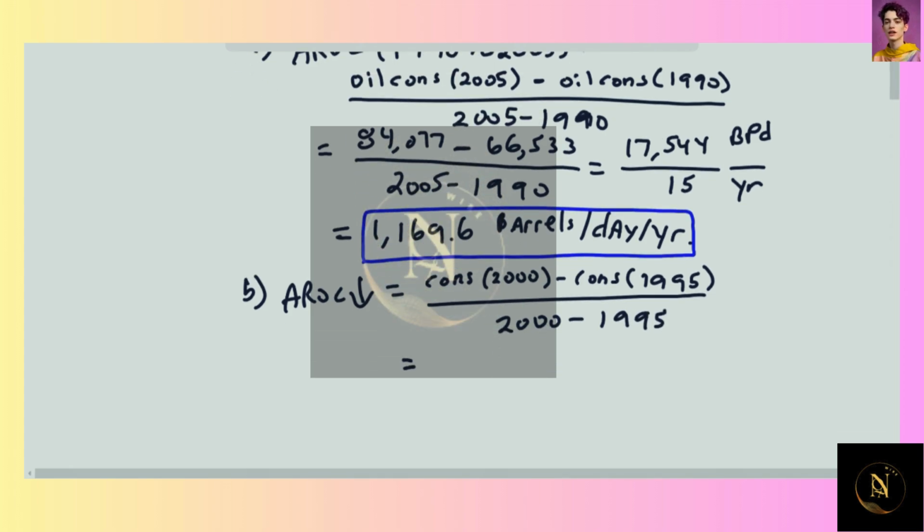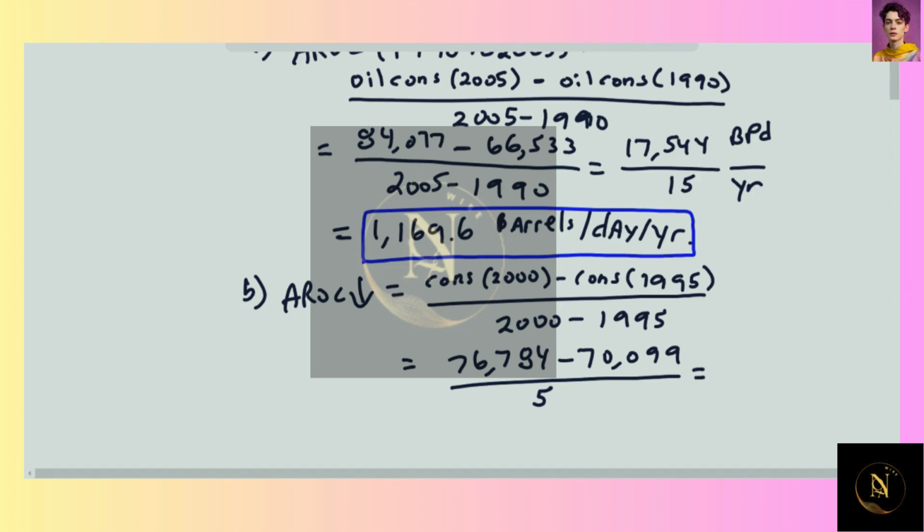Okay, so from our table, the year 2000 is 76,784. 1995 is 70,099 divided by 5, right? Because 2000 minus 1995 is 5.